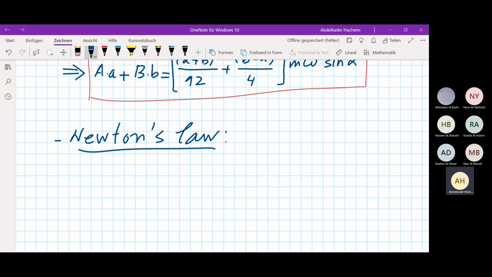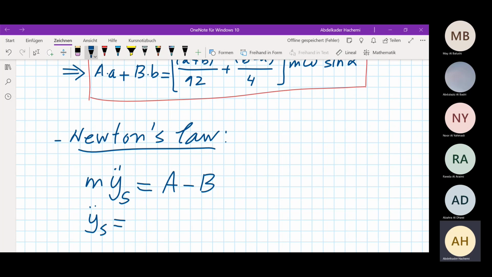We have the mass multiplied by the acceleration along y direction at the center of mass, and this will be equal to A minus B. And here, from the kinematic relation, the acceleration is only omega cross omega cross rs.